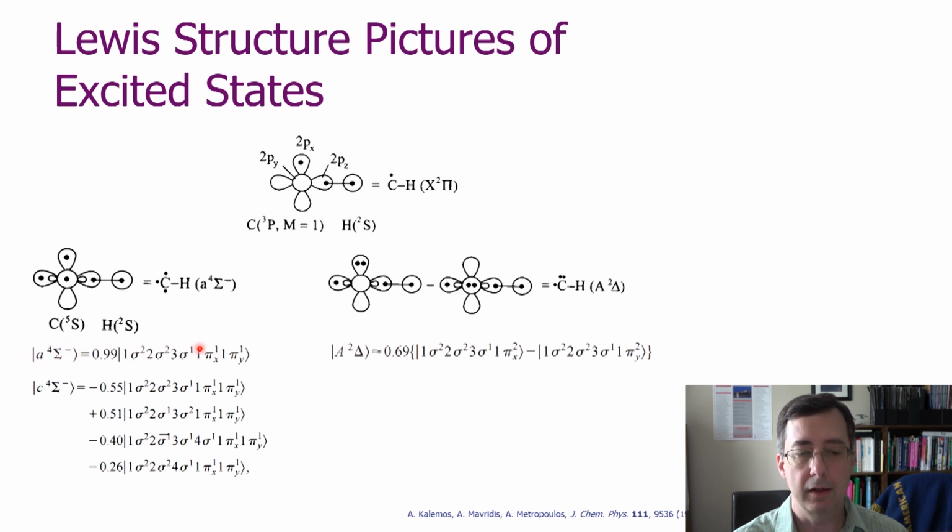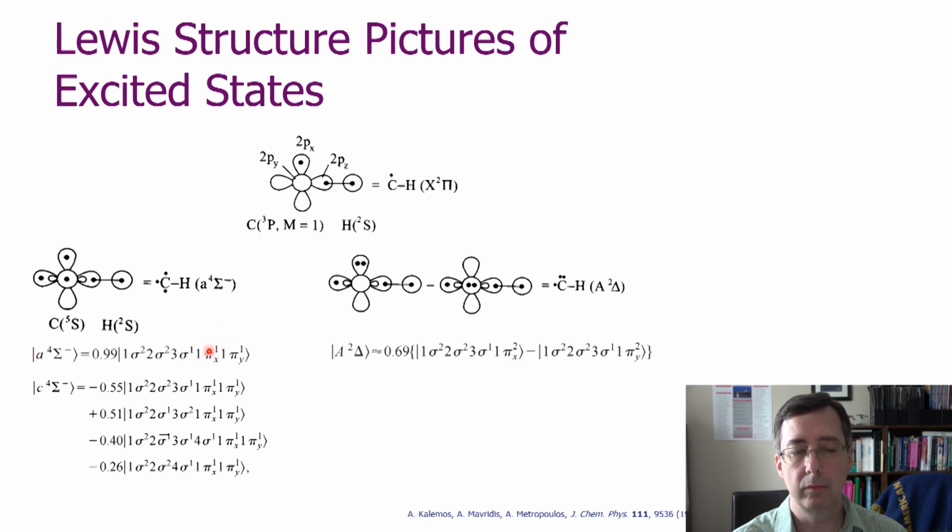It looks like a single Slater determinant with this particular electron configuration. What I've done is pop an electron out of the third sigma bonding orbital and popped it up into a pi orbital. So I have two unpaired electrons in pi orbitals. But that is a high spin quartet where I have three unpaired electrons compared to only one in the ground state.